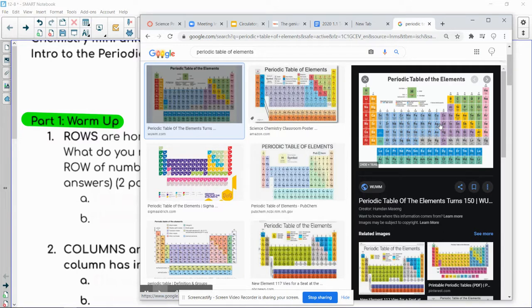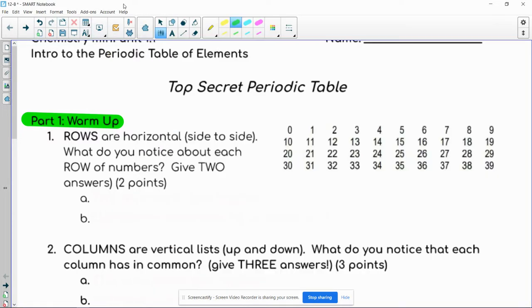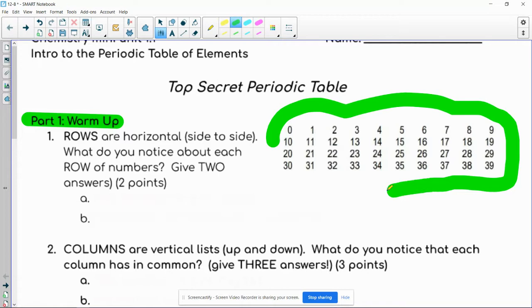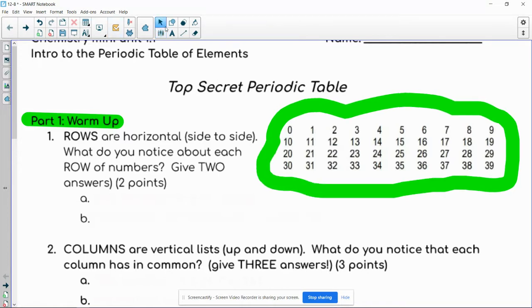And that's what we're going to learn a little bit about today: how it's organized and who organized it. And so if I look back on my paper here, this is not a periodic table of elements. This is just a bunch of numbers, but they're organized like the periodic table is. And the periodic table of elements has some similar organization as this pattern of numbers.